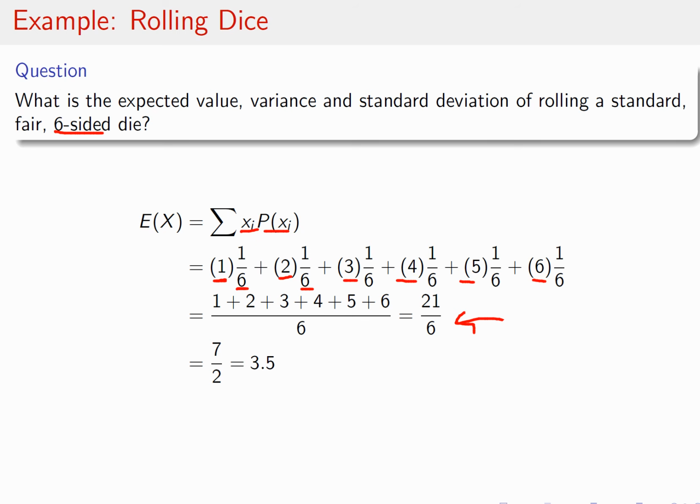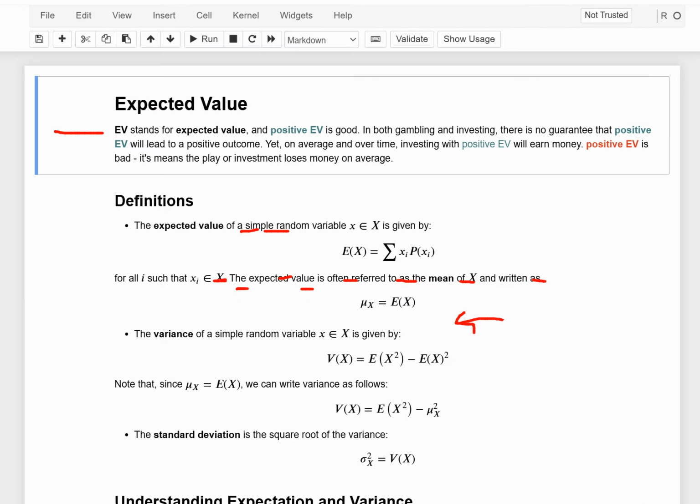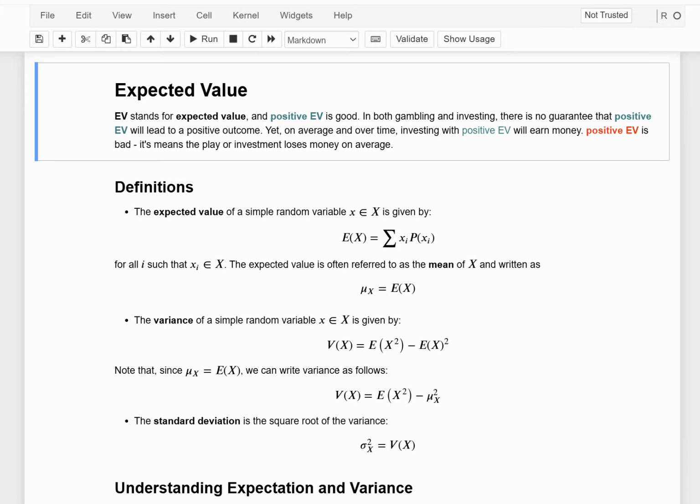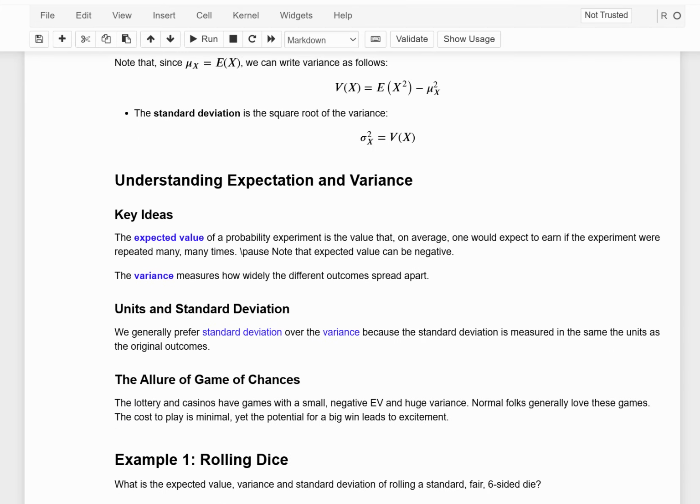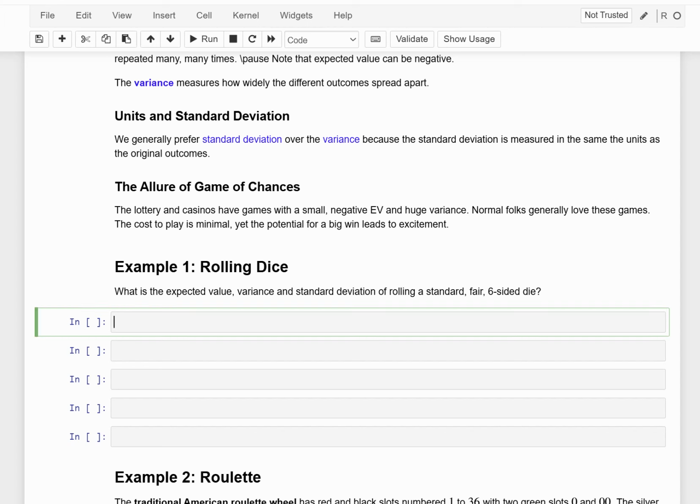Okay? And let's jump into our notebook. And let me get rid of the red marks. And as we scroll down here, yes, I have the definitions and a few of the notes. So what are we doing?